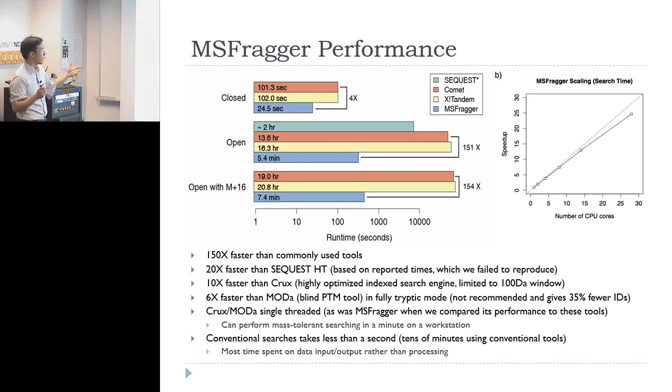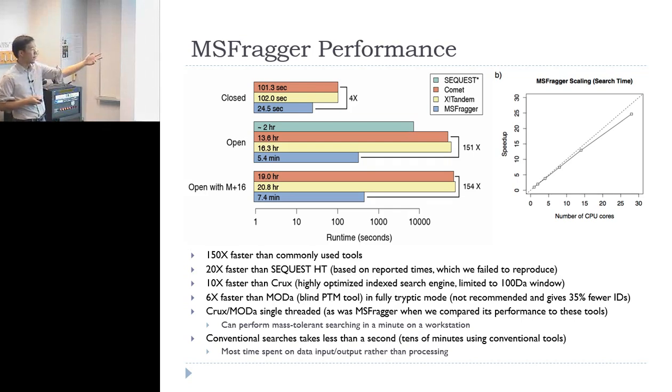There's lots of overhead involved with just starting up MSFragger, so we take 24 seconds. Slightly faster, but it's irrelevant. But for mass-tolerant searches, we're going from 14 to 15 hours on a quad core, 8 core workstation to 5 minutes. And you can imagine if we want to do this for thousands and thousands of runs, it can make a huge difference.